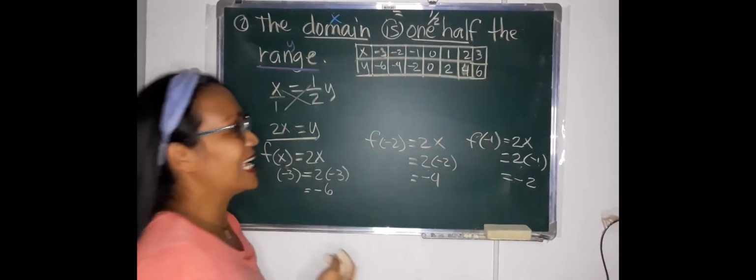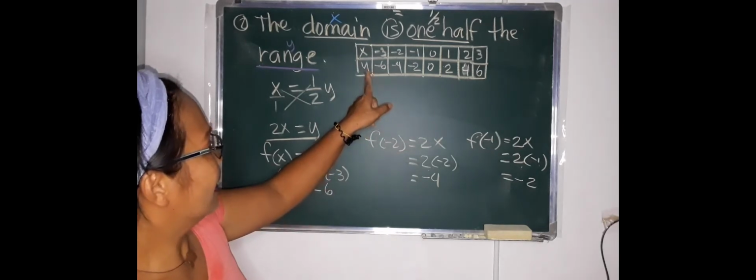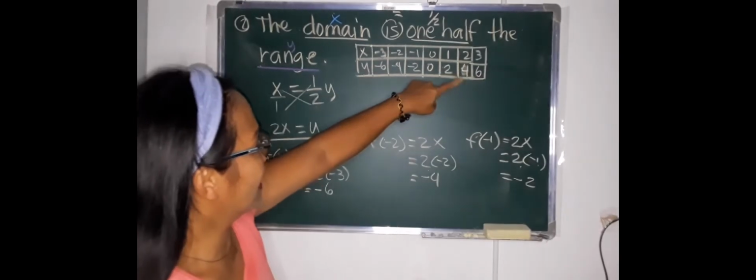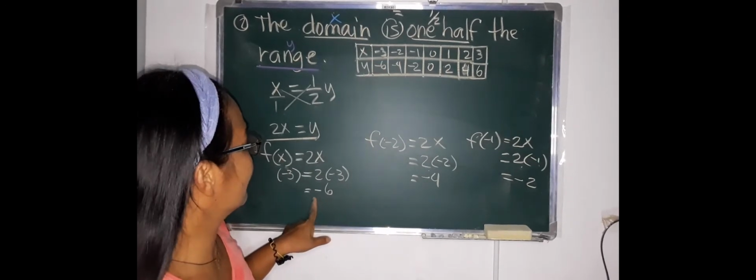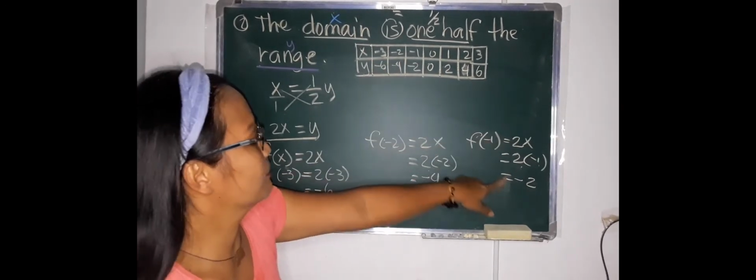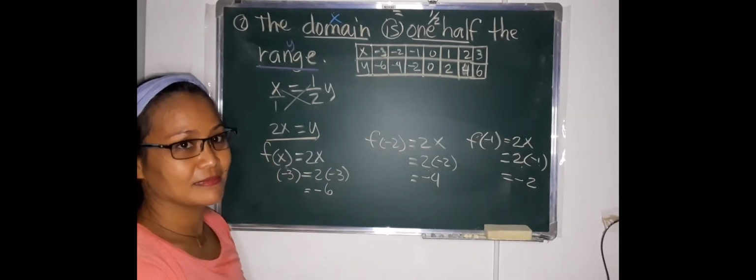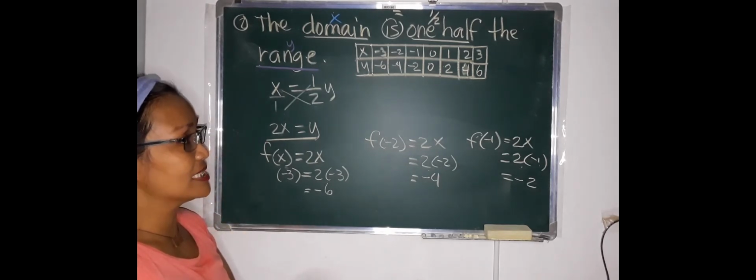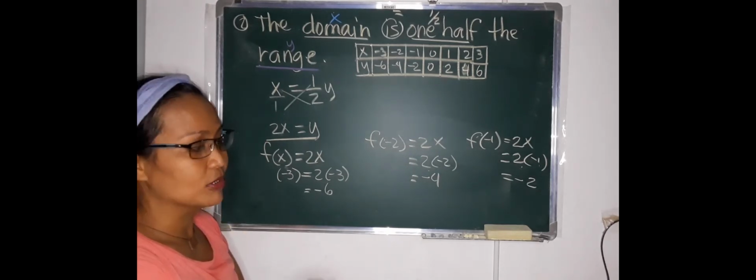So, nag-add lang tayo ng 2. Okay, so, tingnan natin. So, negative 6, negative 4, negative 2. That's it. So, ganyan lang kadali ang mag-construct ng table.